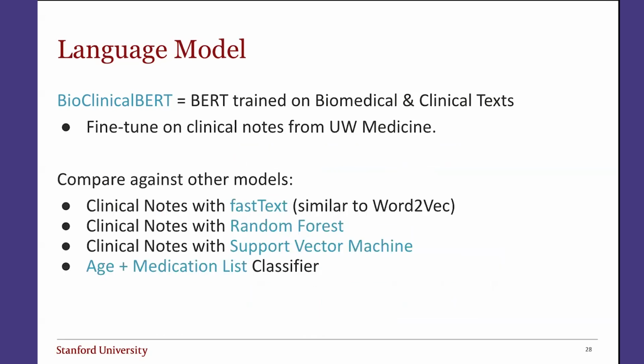We also compared it against several baselines. We compared it with other NLP models like FastText. We also created a classifier that just used the patient's age and medication list to try and predict their illness severity.